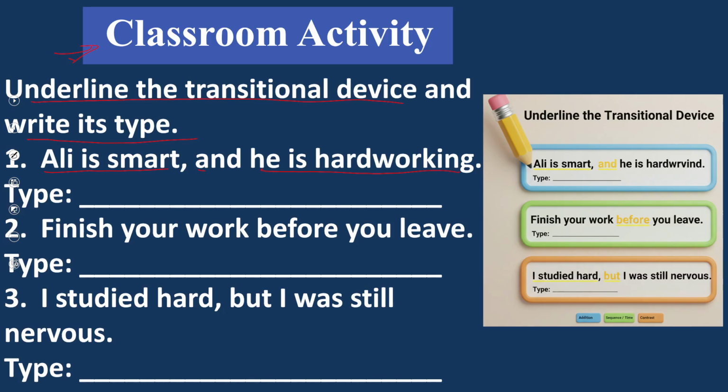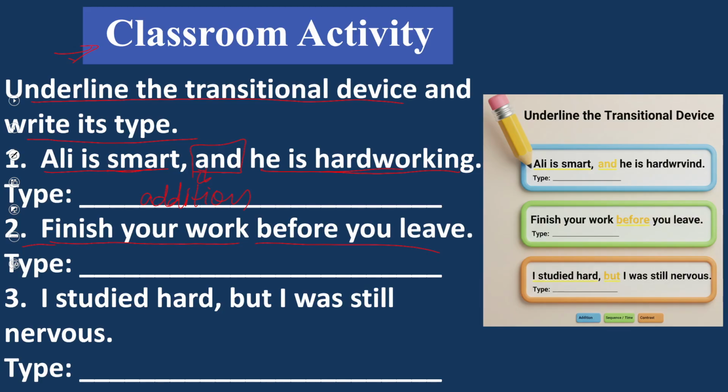So I underline this word or enclose it in a box, and it is a transitional device here, and it is telling us about addition. First of all, he is smart, and additionally, he is hardworking as well. So we have pointed out the device, and we have written its type here as well.